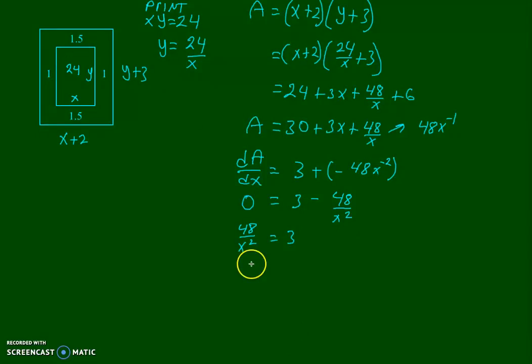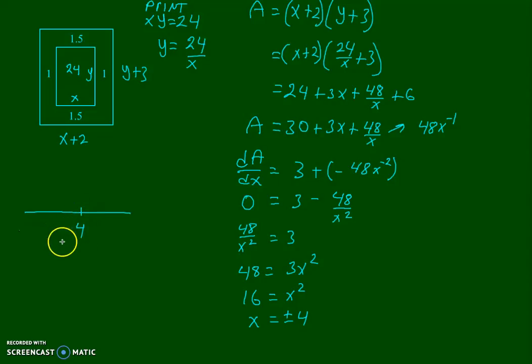Then we have 48 equals 3x squared. Divide by 3, 16 equals x squared, and x is plus or minus 4. Here we can eliminate the negative 4, so our critical number is going to be 4.